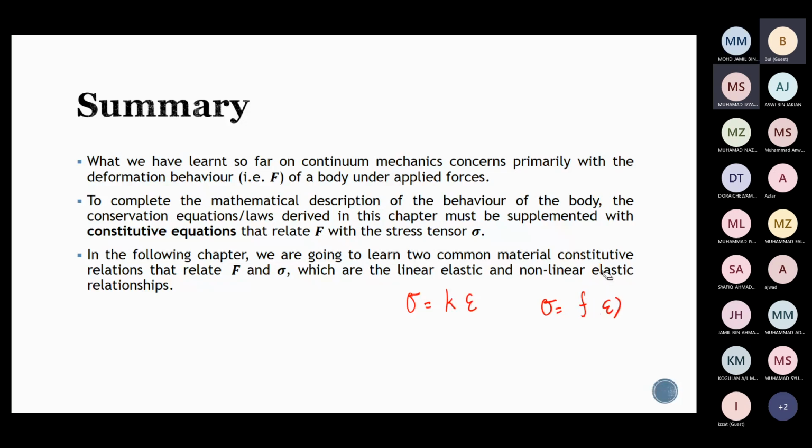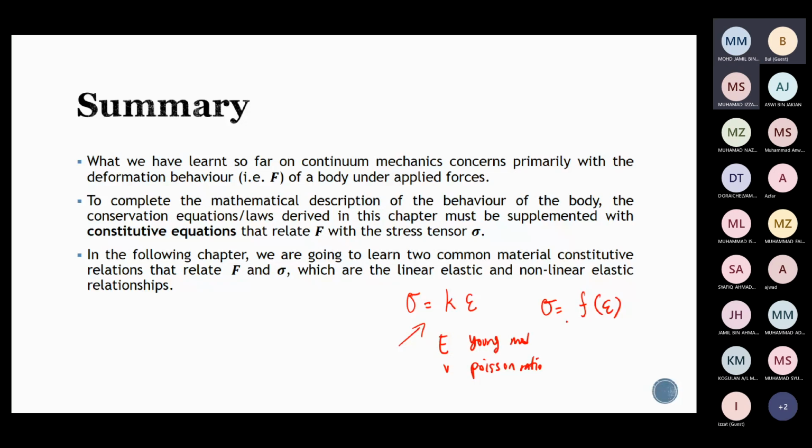Okay, if you still remember linear elastic, we have Young's modulus, Poisson's ratio, and so on. This is the equation that you have learned maybe in SOM 1 and SOM 2.